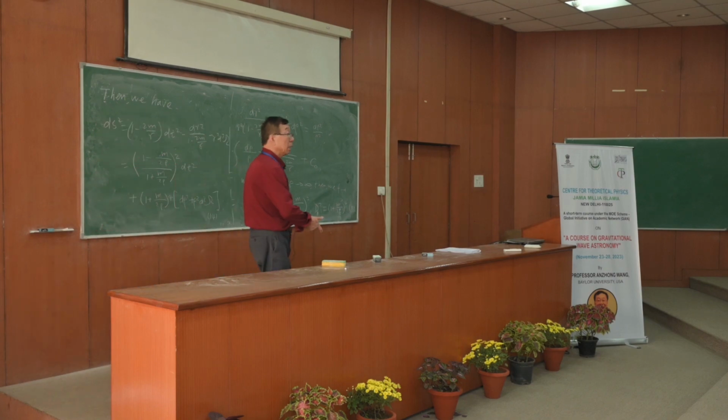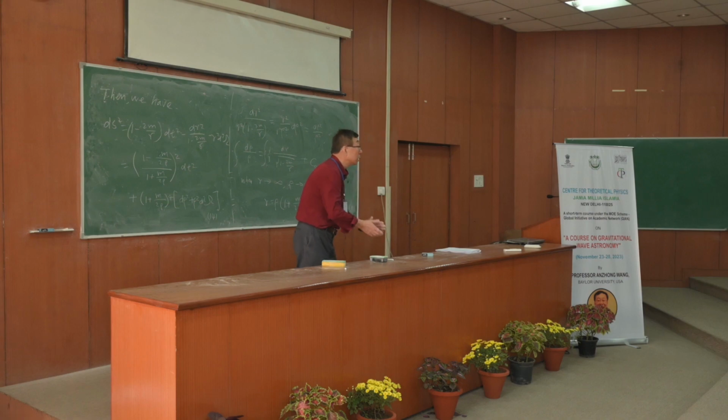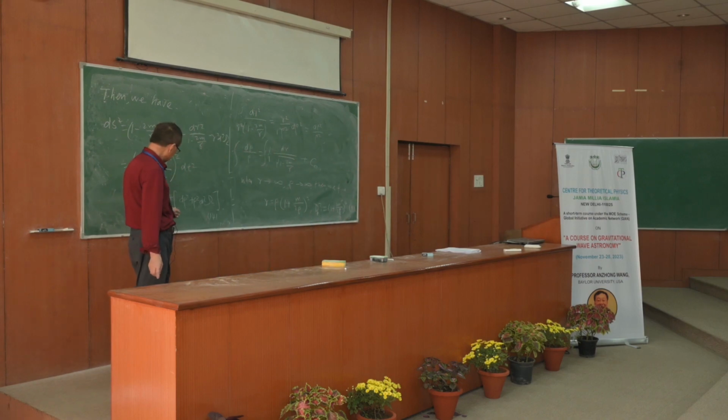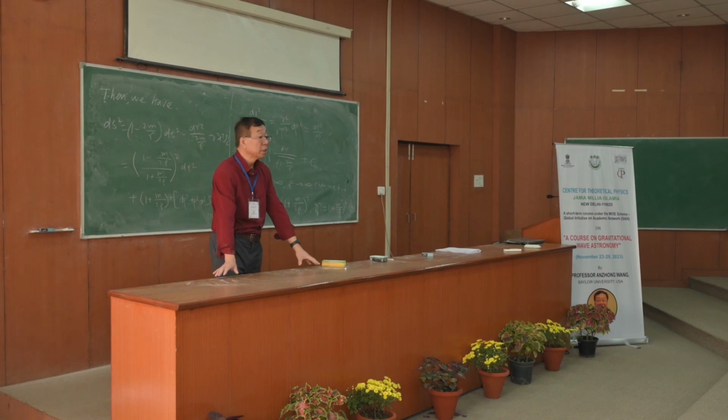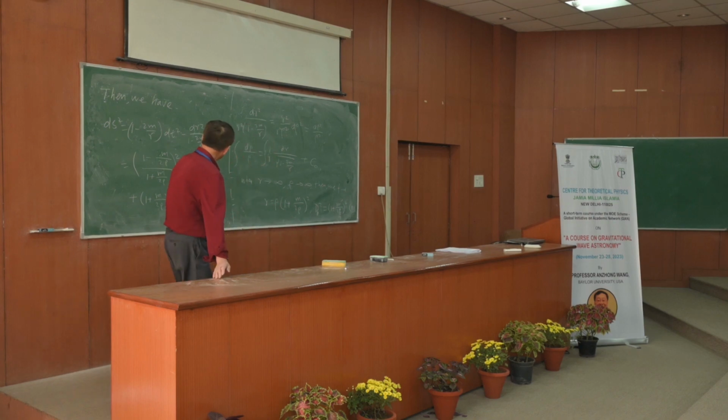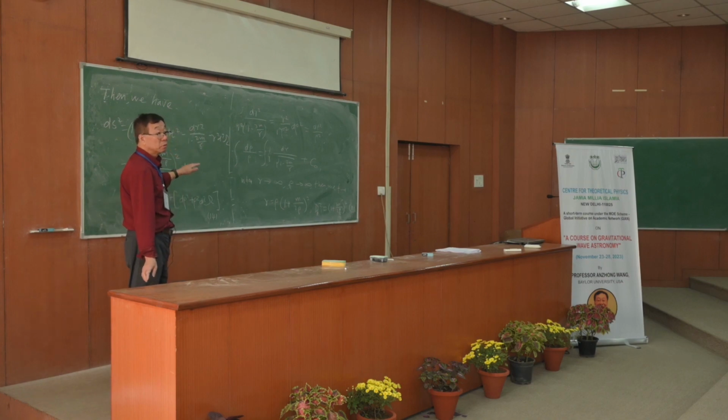But sometimes you will find this called isotropic coordinates, because of this form. You can easily get a solution. About 3 years ago, one of my PhD students was working with the Einstein system. If you use this one, you cannot get an exact solution.